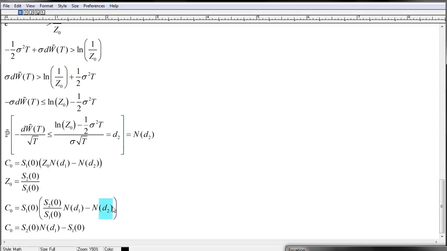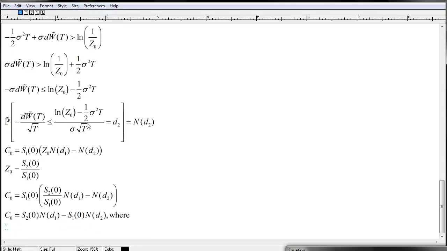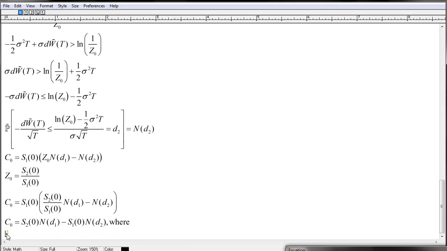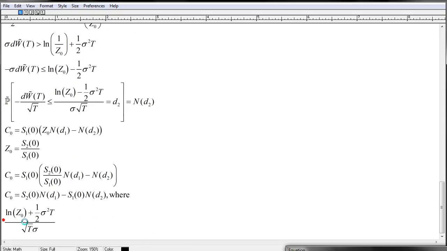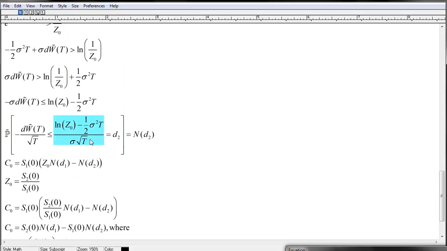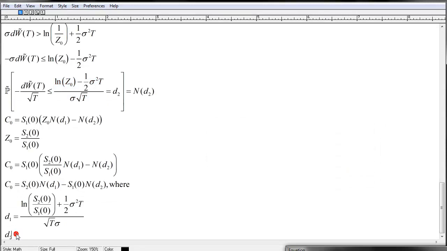Where d1 is defined with this expression, where Z0, as I said, is this, and d2.